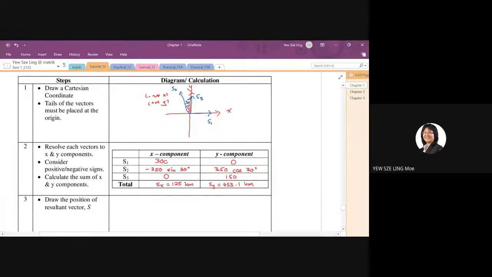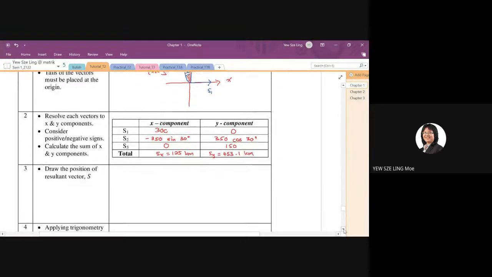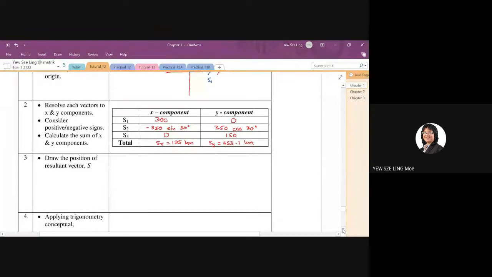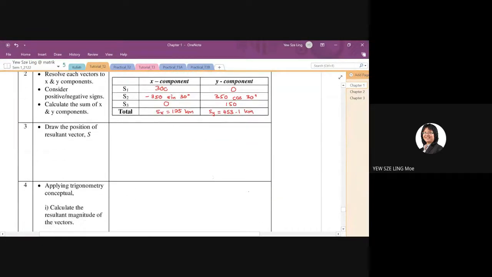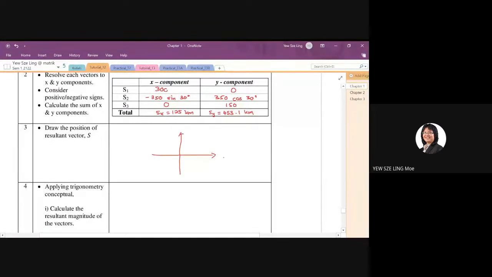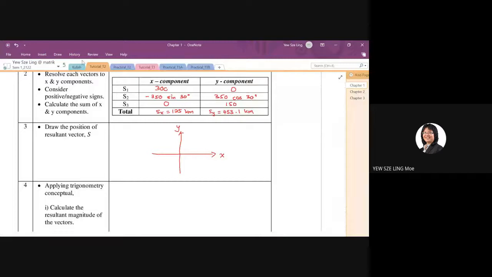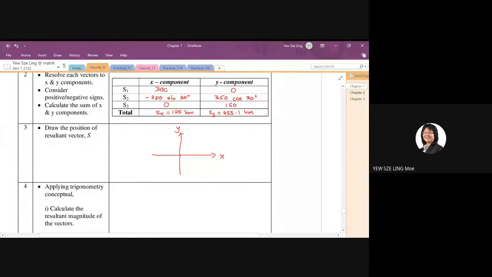Once you obtain the resultant Sx and the resultant Sy, the resultants along the x component and the vertical component, you can proceed to the next step. Again, I have an xy plane as usual, and my Sx is a positive value.